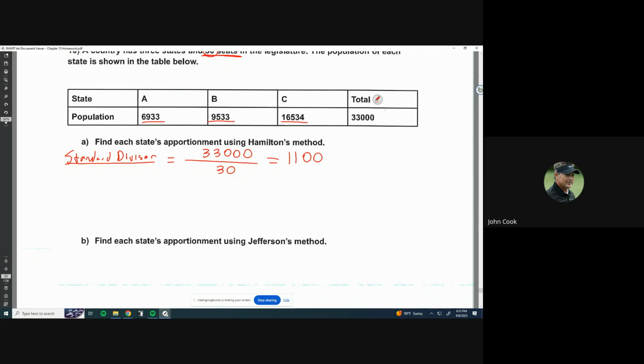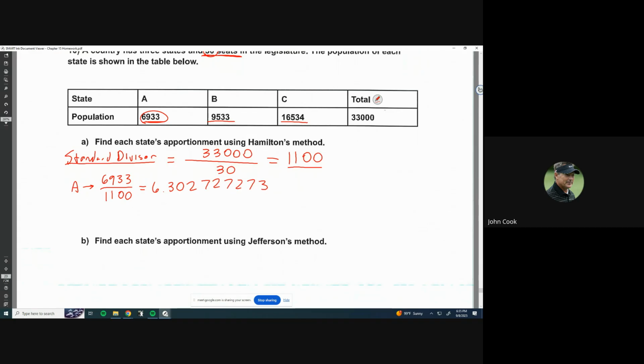So the first thing I like to do is say, all right, state A has this population, 6933, and I'm going to divide that by my standard divisor, 1,100. If I use my calculator, 6933 divided by 1,100, I get 6.3027272773.